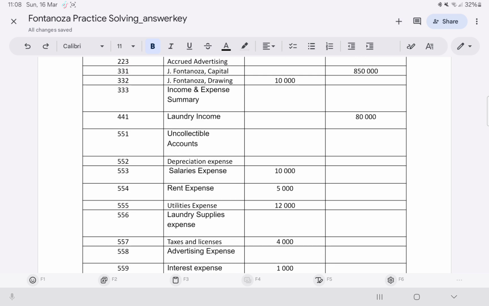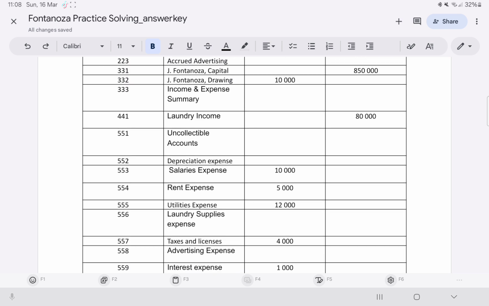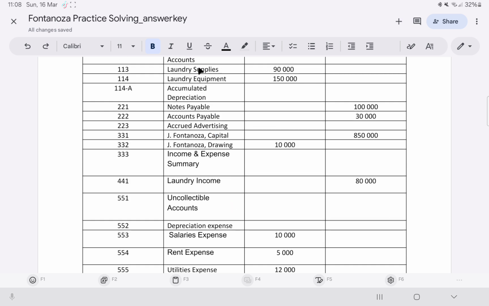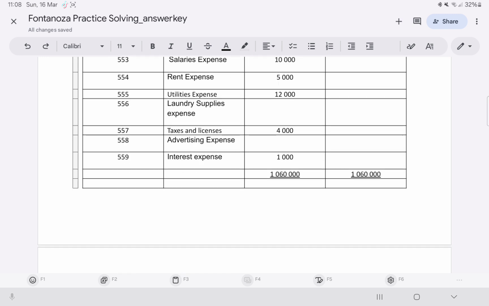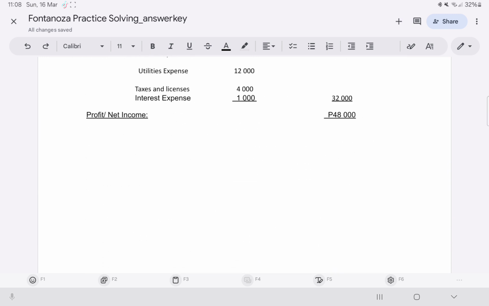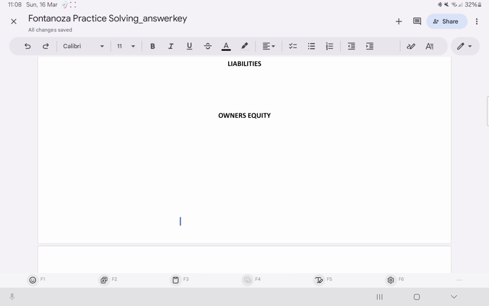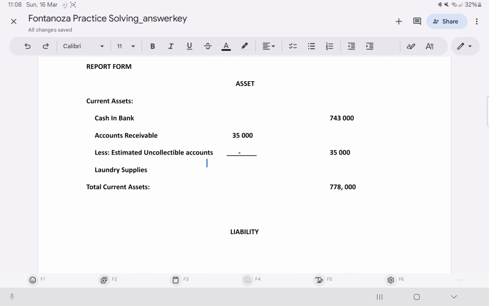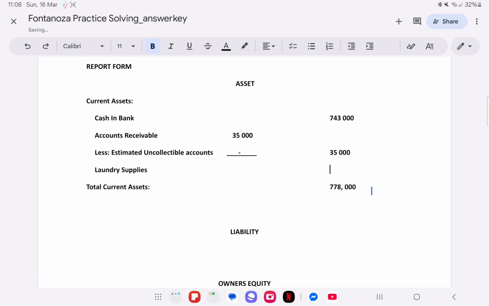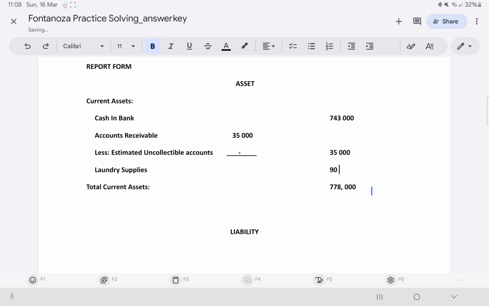What's the amount of laundry supplies? It is 90,000. So our total current assets.